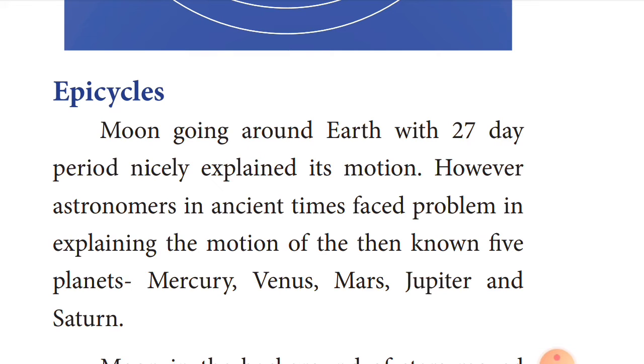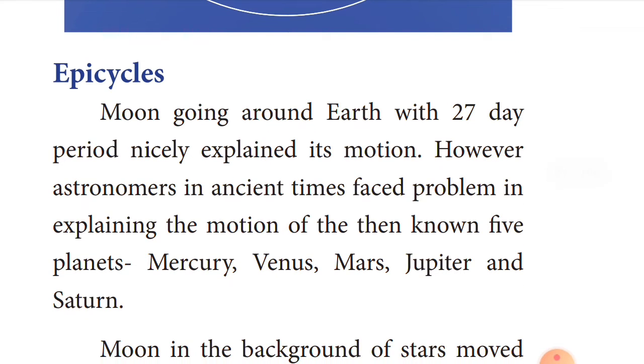However, astronomers in ancient times faced problems in explaining the motion of the known planets. There are 5 planets known: Mercury, Venus, Mars, Jupiter, and Saturn. The moon moves against the background of stars, and every day it moves eastwards. However, for example, look at the observation of the motion of Mars from January.